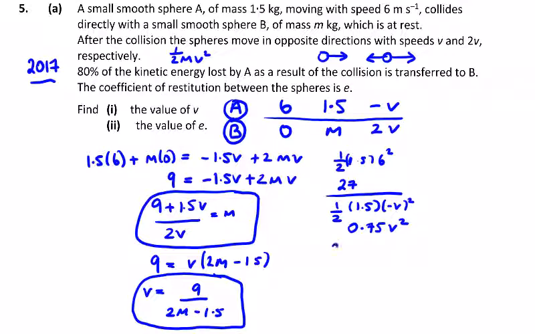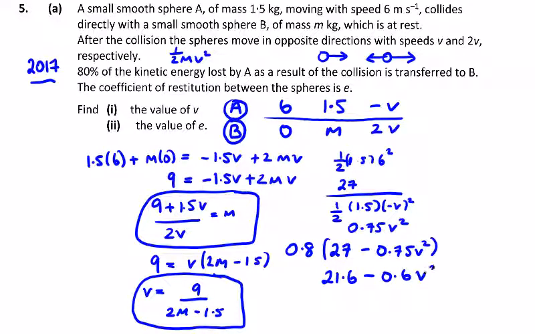So A had 27 and is now at 0.75v squared. What it lost is the bit in between, and we need to get 80% of this. 80% of 27 is 21.6, so 21.6 minus 0.8 times 0.75 v squared, that works out to be 0.6v squared.